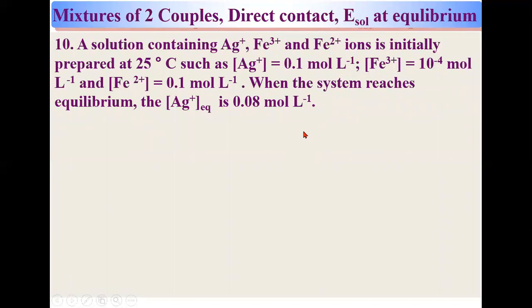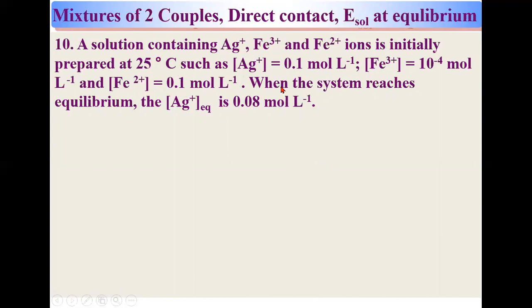Another number, number 10. Okay, we also have here a mixture in one pot: Ag, iron 3+ and iron 2+. And they put different concentrations of these species at 25 degrees Celsius.